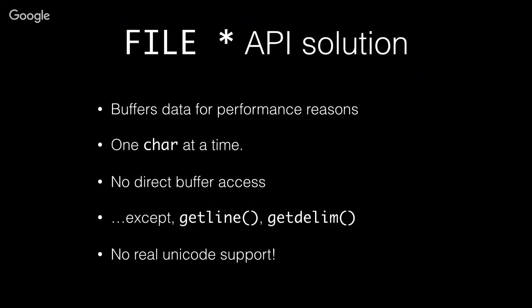So the FILE star API solution, which is C's solution, basically buffers data for performance reasons, but access is still one character at a time.